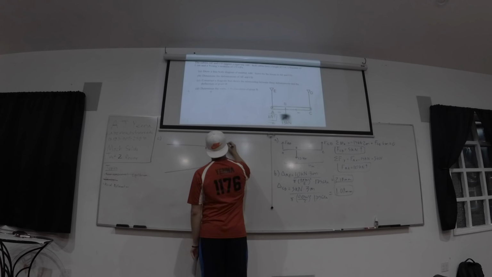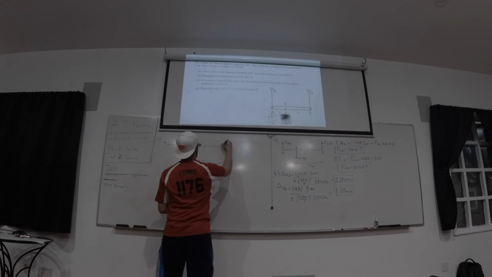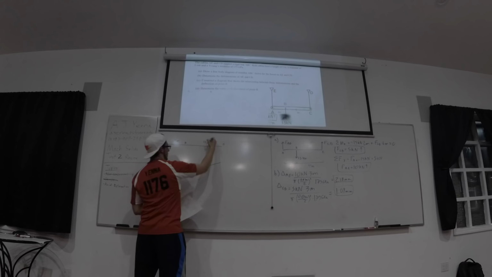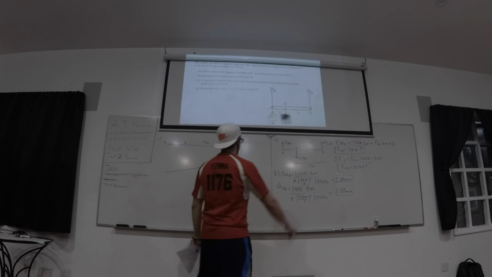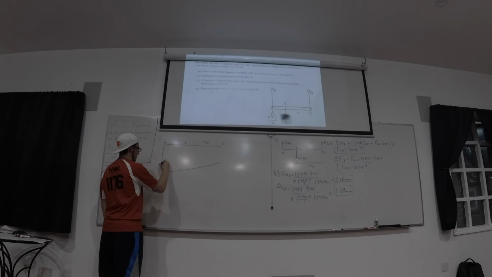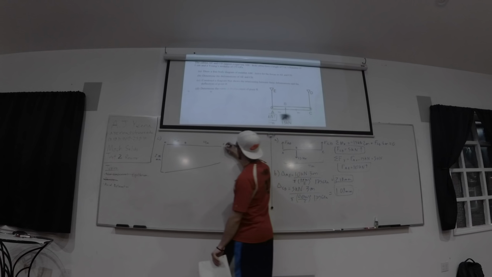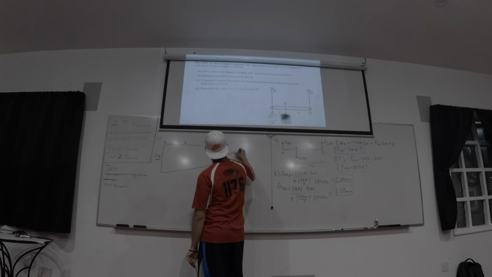We know this is A, this is B, this is C, this is 2 meters, and this is 4 meters. We just calculated our deformation. The deformation in AE is 2.18 millimeters, and the deformation in CD is 1.09 millimeters.